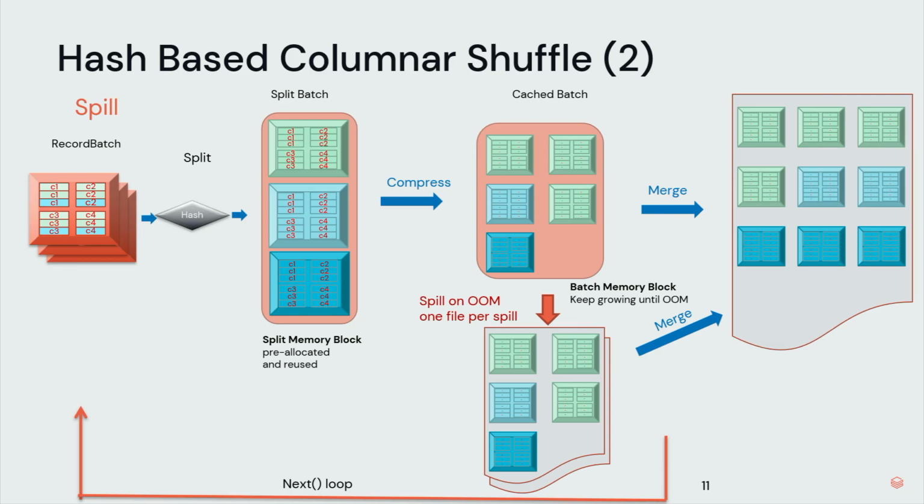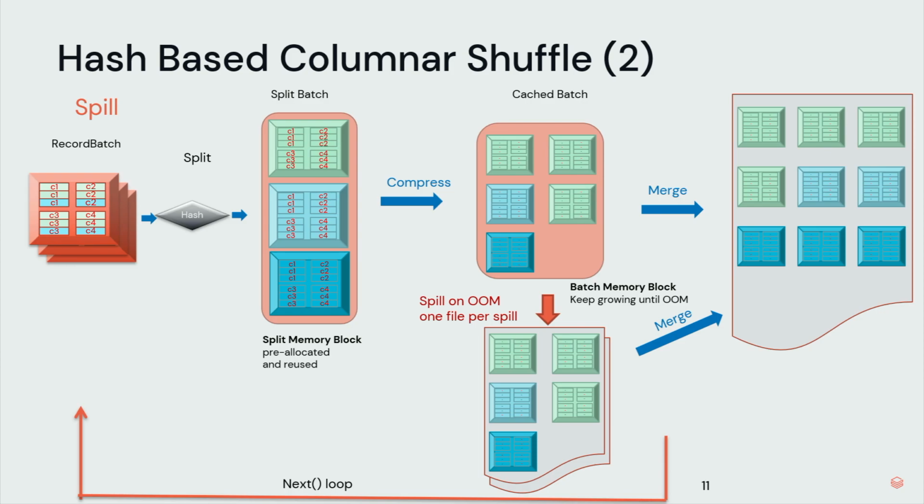The cached batch memory keeps growing. Once the memory runs out, the memory allocation will trigger the Spark memory management, and the Spark memory management will call a spill interface.